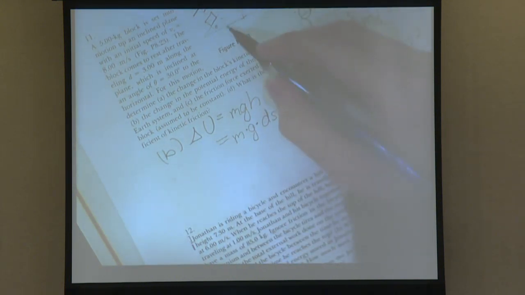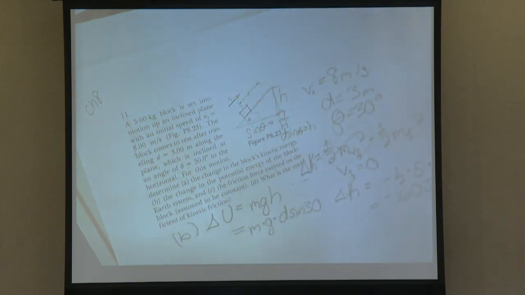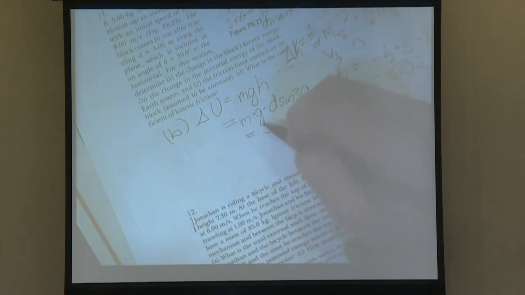Because, I'll just write this out really quick, sine of our angle is opposite over hypotenuse. We know our hypotenuse length, which is d. So d sine angle equals this height. So when you plug in for that, you have 5 times 9.81 times 3 times sine 30, which is equal to 73.5 joules.